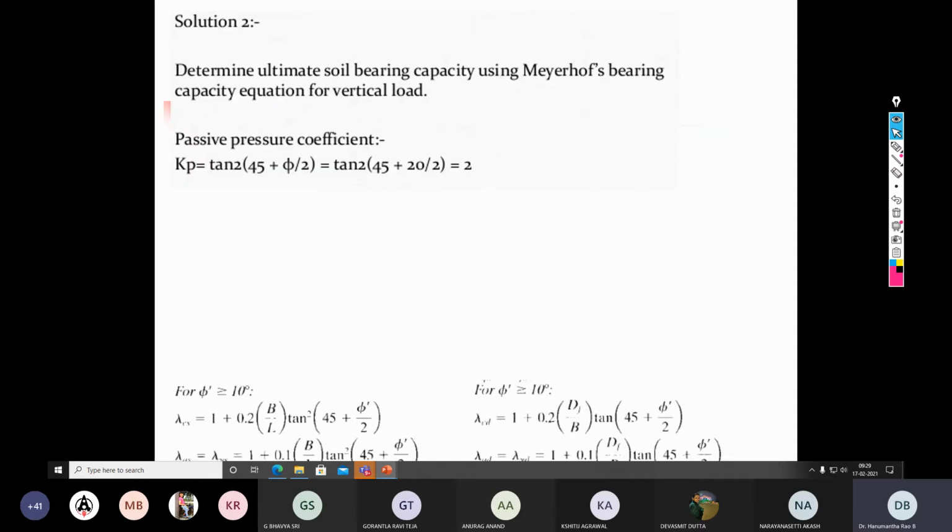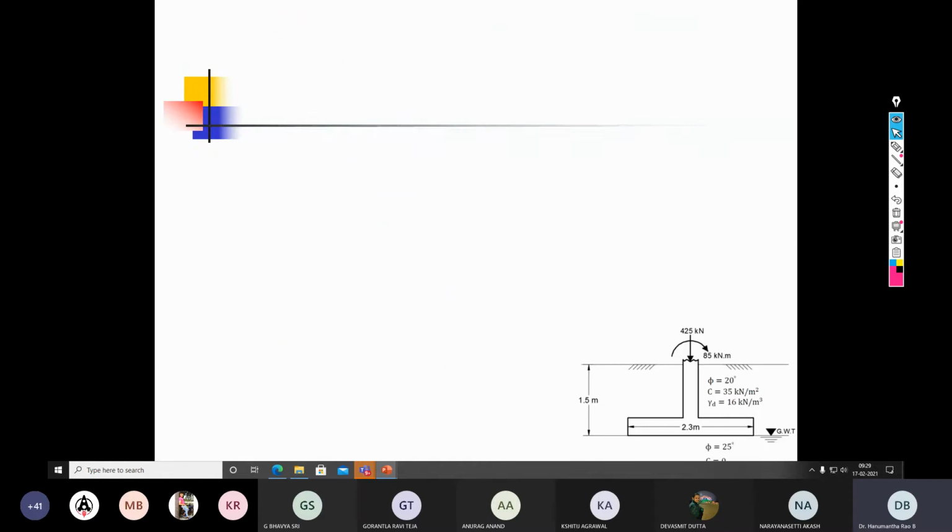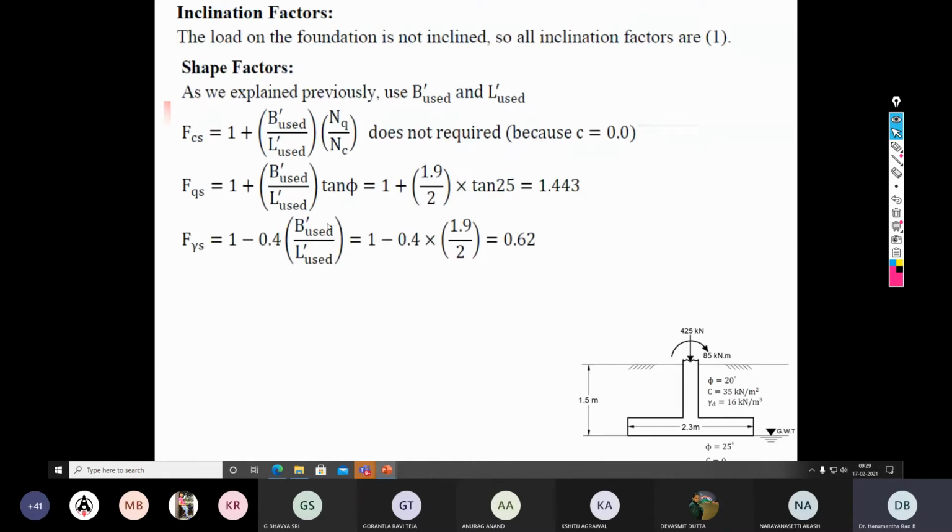But in the present case, it is 1 plus B by L into Nq by Nc. So almost both the equations give you close values. So first of all, don't get confused or have any kind of doubt.